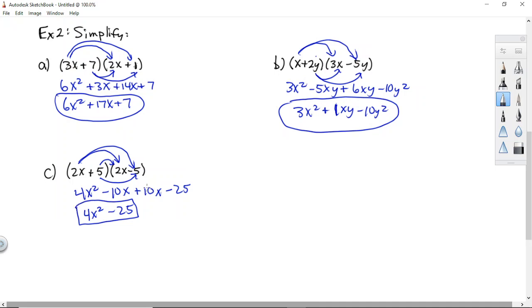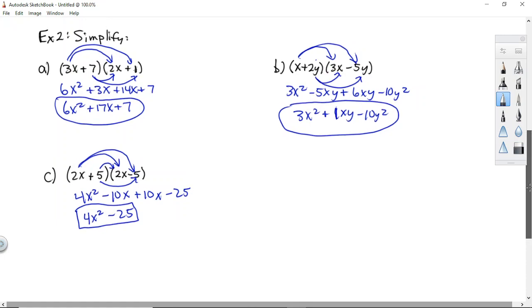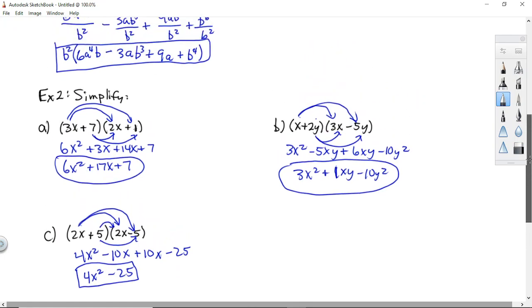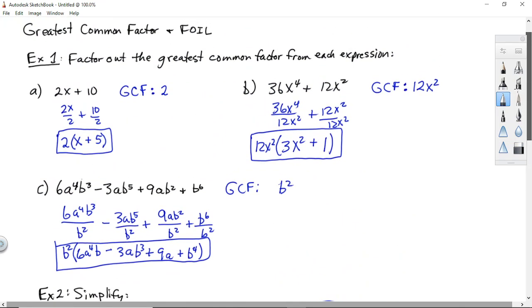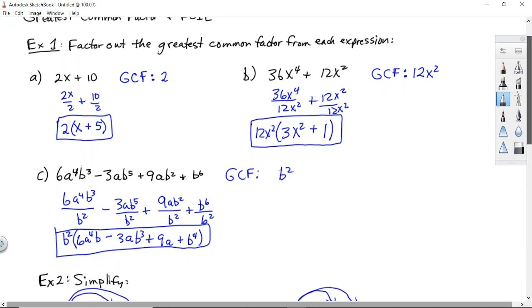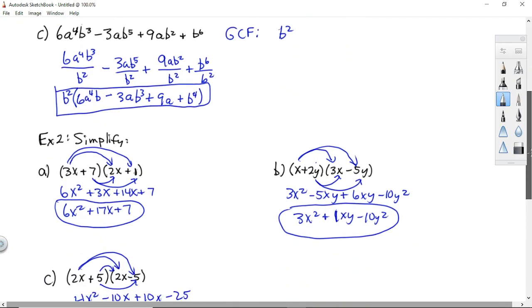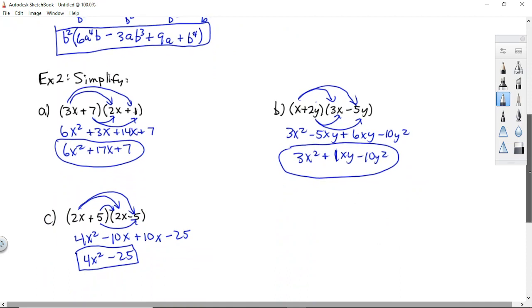Okay. So, multiplying these out by the FOIL method is really not a factoring operation. Taking out the greatest common factor like we did at the beginning is a factoring operation, but multiplying out is sort of the reverse of factoring, right?